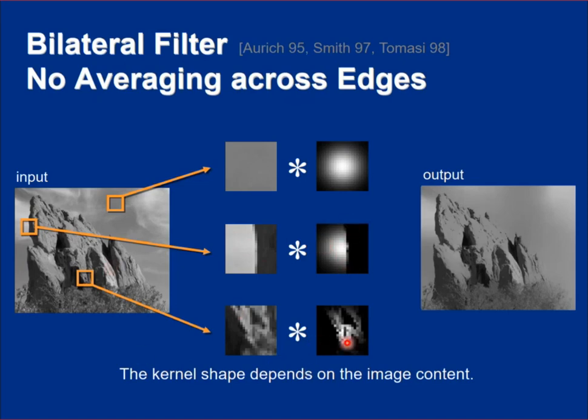And for a textured region, some factors are high, and some of them are almost zero. So the result will be, okay, they preserve the edge. This is an edge in the input image, and this is the edge of the output image.